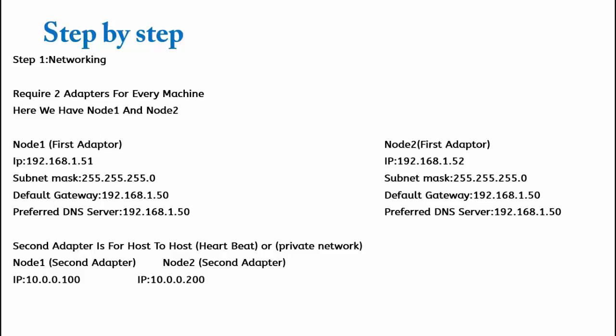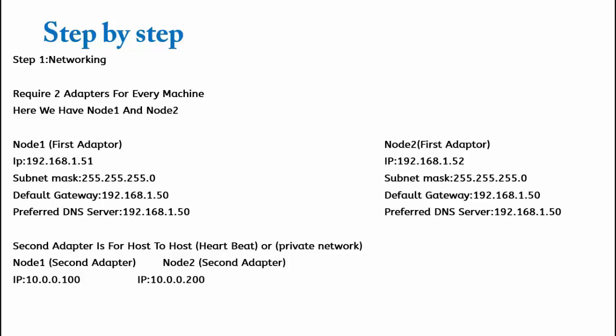And the second node's first adapter is 192.168.1.52. The subnet mask you can leave as the default, and you can assign the domain controller. The second adapter we call a host to host communication.